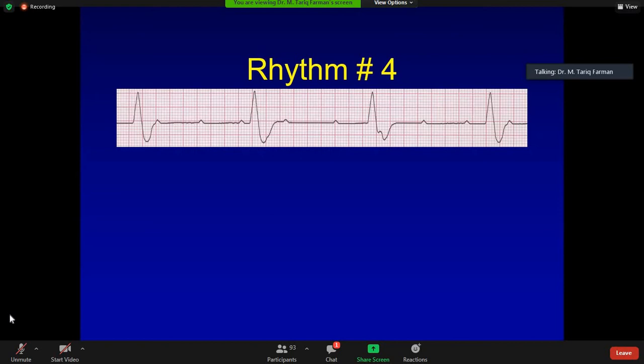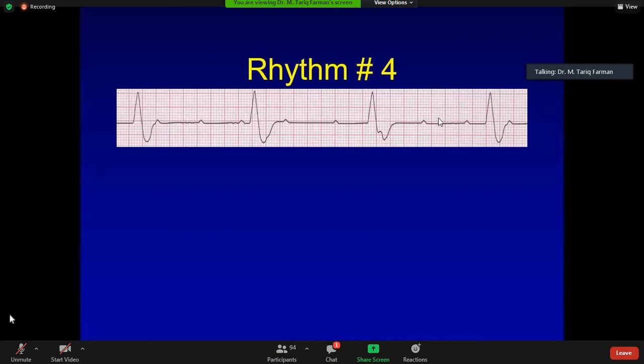And what is the rate of the P wave? You can count the rate of the P wave as well over the ECG paper. So you see, this is the P wave, and this is the second P wave, right? So 300, 150, 100. So the rate of the P wave is around 80.